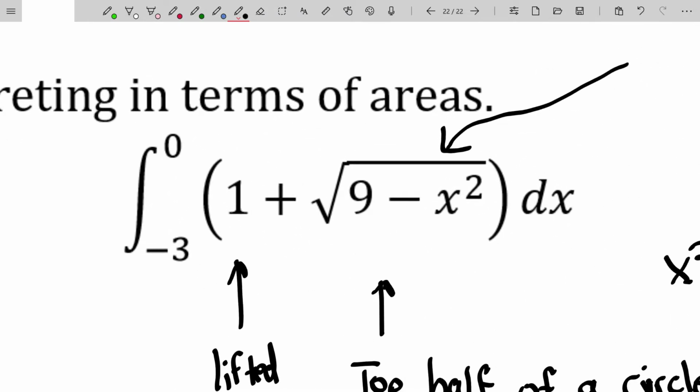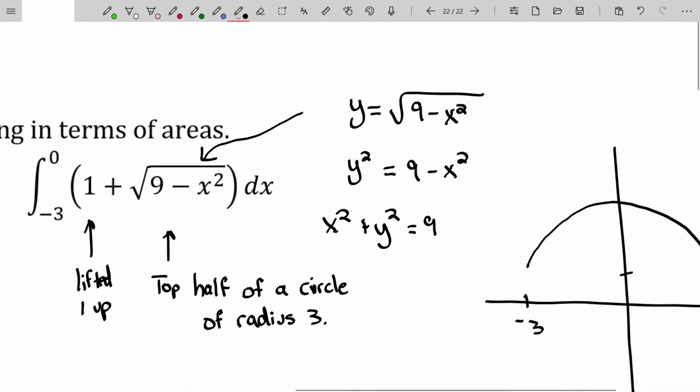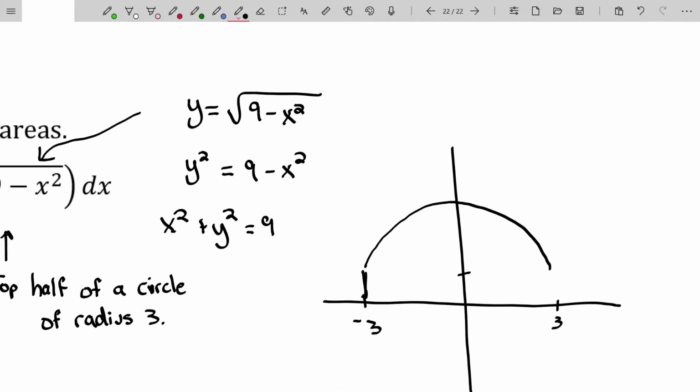I want to find the area underneath this curve from x equals negative 3 to 0. Again, the area underneath this curve, let me shade it in, from negative 3 to 0. Well, I could break that into 2 parts: a rectangle, that's the lift up by 1 unit, that's this part right here, and 1/4 of a circle.